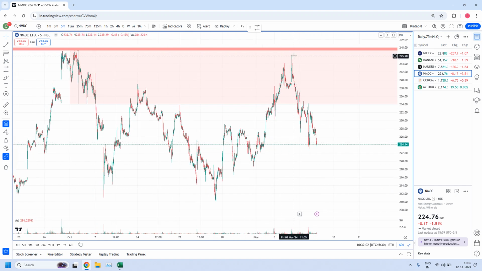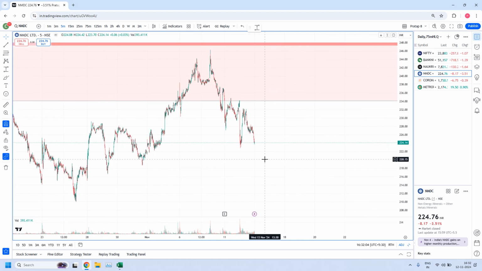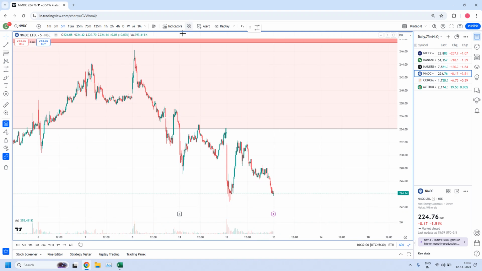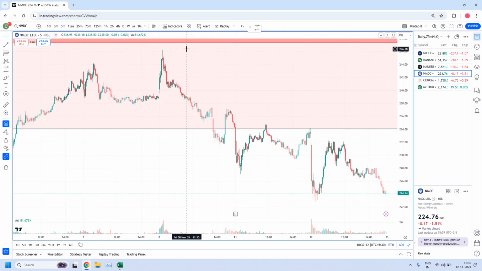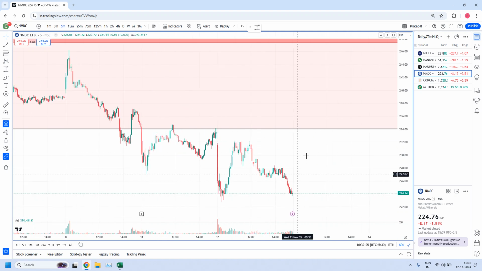And recently price came very close, but didn't enter into this area. That means order flow is very strong within this area. Maybe your trade may not be successful even if you add some entry buffer at that time. But it is indicating there is a strong order flow in this area.